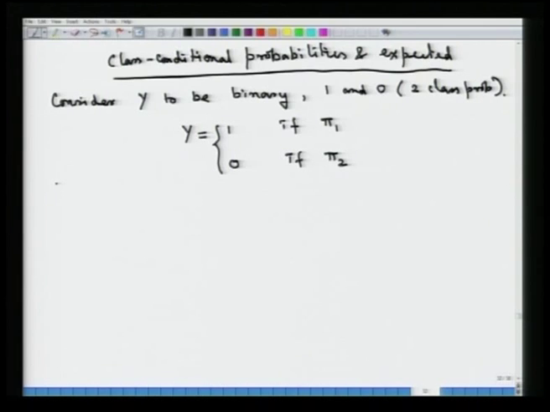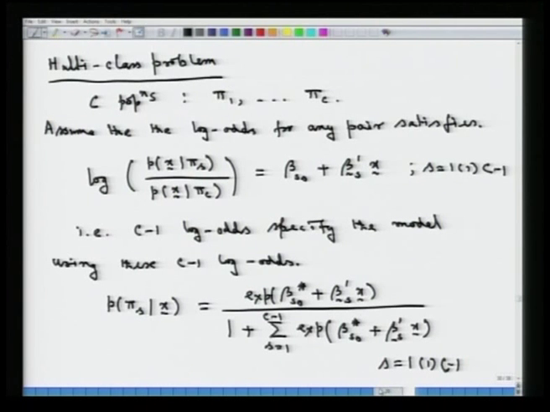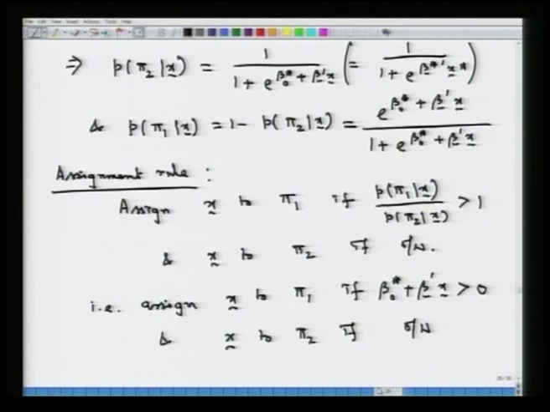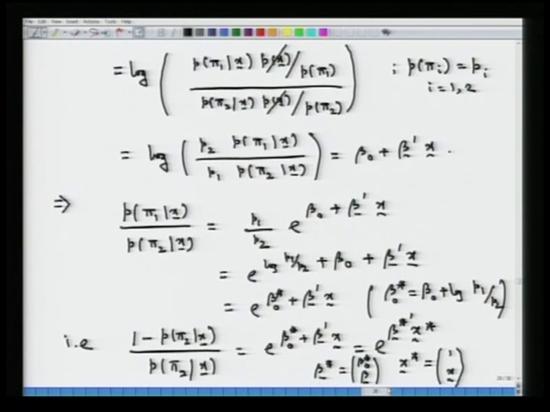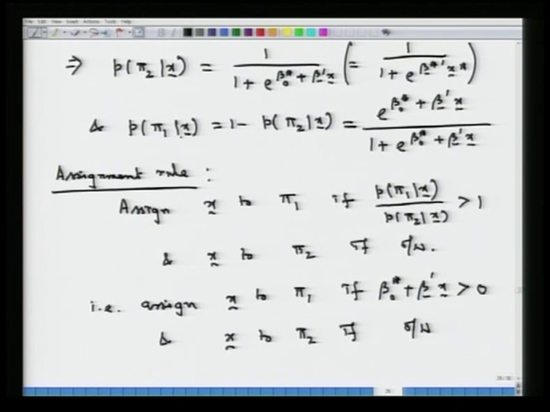Now, we have already seen that these are just 2 class problems. Now, we are going to write this expression of p pi 1 given x, which we have discussed today. Let us look back and see what it is. For the 2 class problem, we had p pi 1 given x to be given by this expression, and p pi 2 given x to be given by this expression.